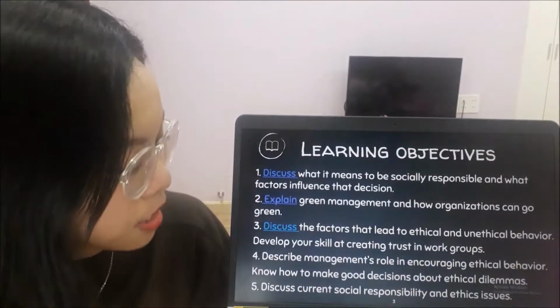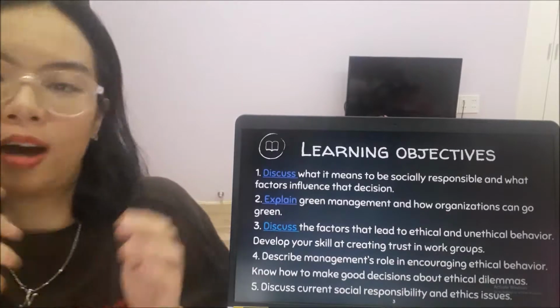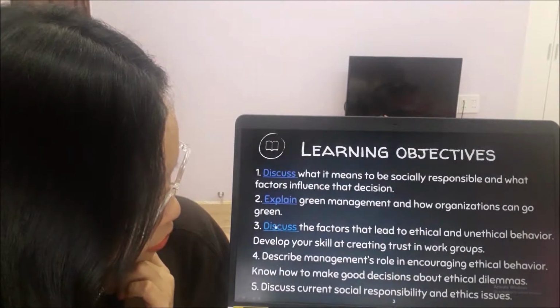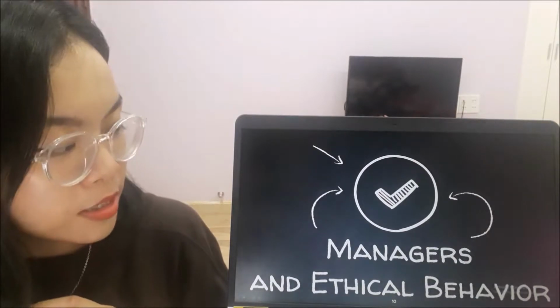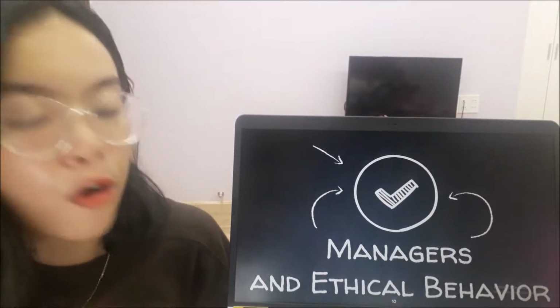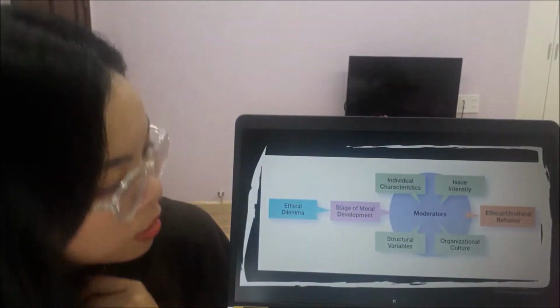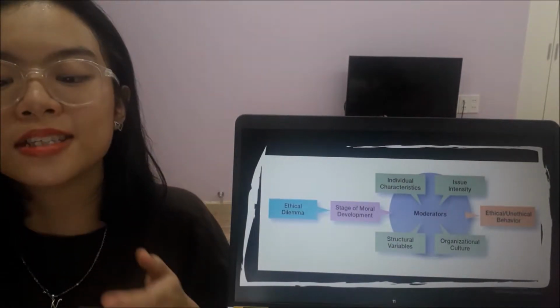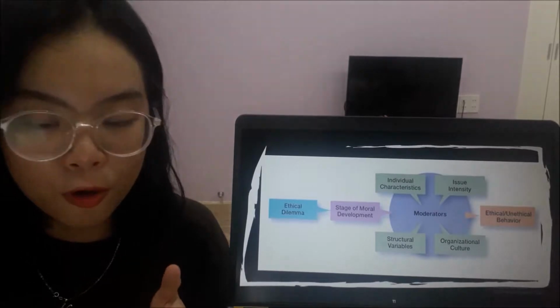Next, we will discuss the factors that lead to ethical and unethical behavior. That is, managers and ethical behavior. So these are the factors that determine ethical and unethical behavior.